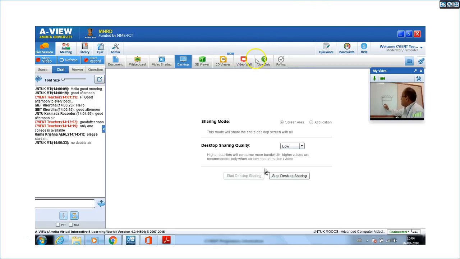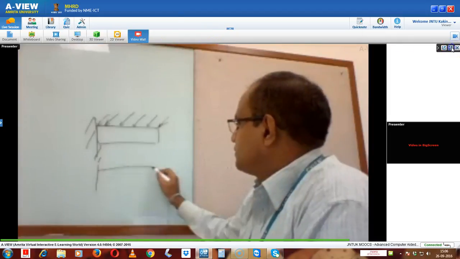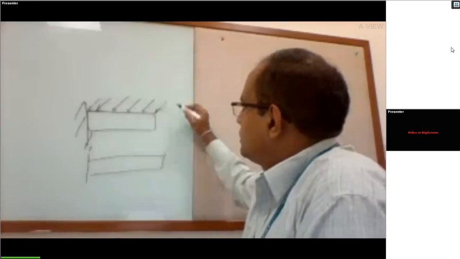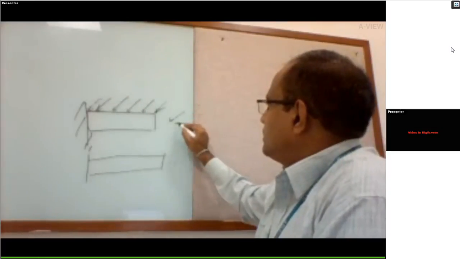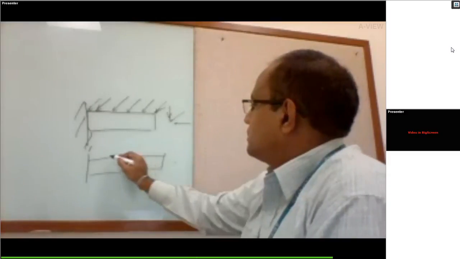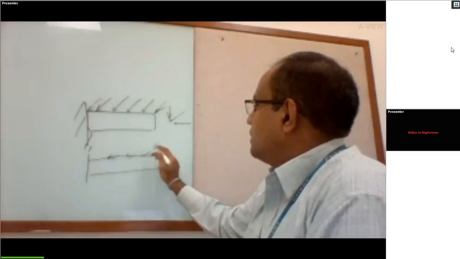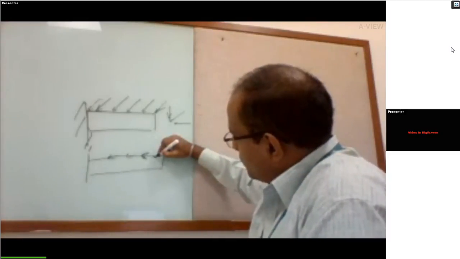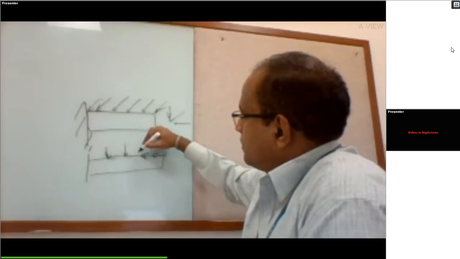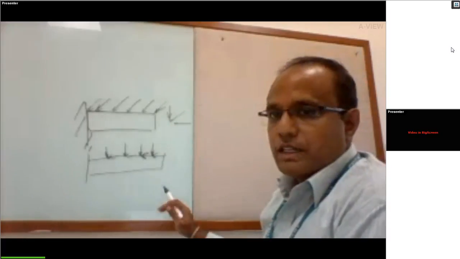There are two approaches. One is you can resolve the load into components and apply them. Okay, so this way we can do it.